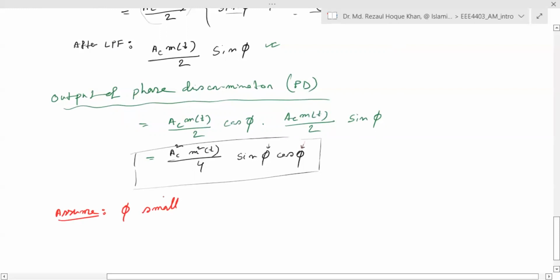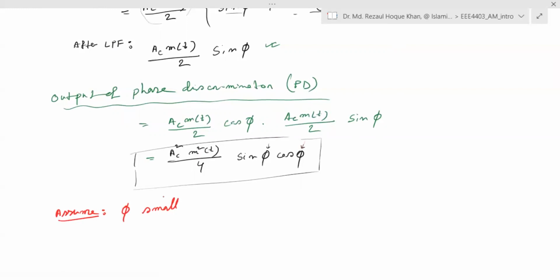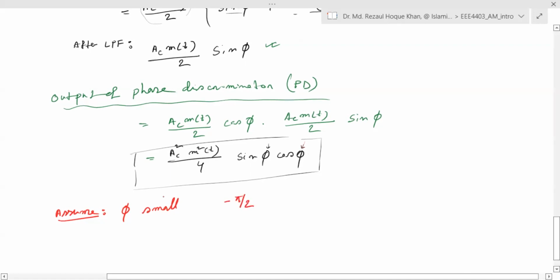We know why this phase offset comes. It comes because of the mobility of the user who moves around: the distance from the transmitter changes, and because of that the delay changes, and that's why the offset occurs. So of course this offset will not be a very big value. So we assume that phi is small, typically minus pi by 2 to pi by 2.